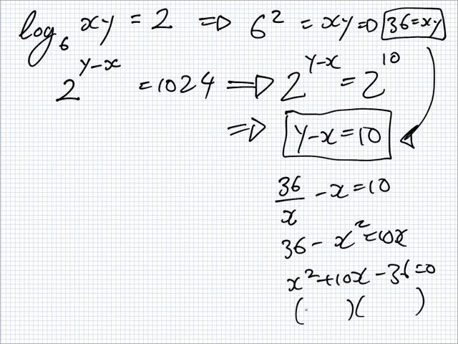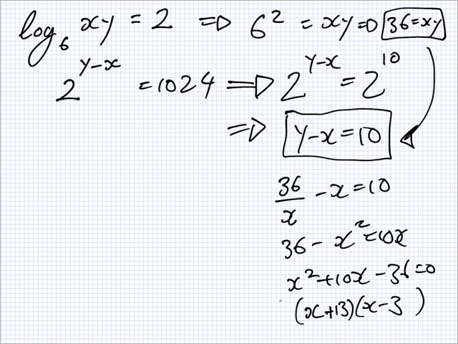So what are the factors here? There's no factors, you have to use the formula. Are you sure? x plus 13, x minus 3 is not a factor? Just tell me if these are factors or not. Is 13 minus 3 not 10? And is 13 times minus 3 equals minus 36?